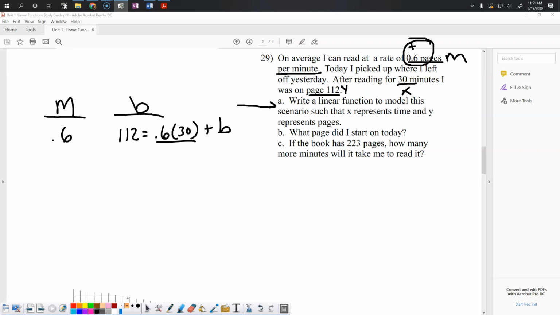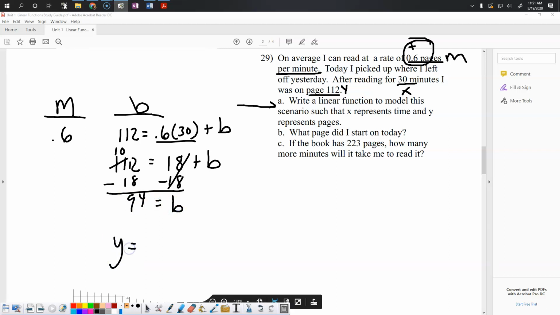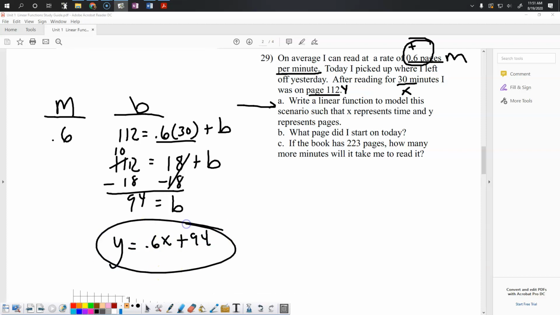So move the decimal over once, that'd be 18. And then we're going to subtract 18 on both sides. 94. So it looks like b is 94. So my equation then is going to be y equals 0.6x plus 94. That's part A.